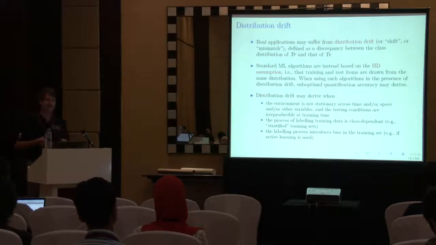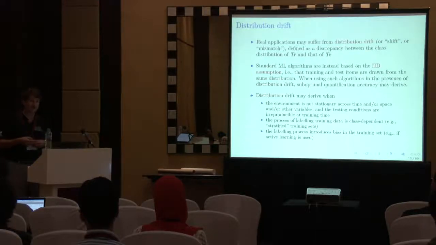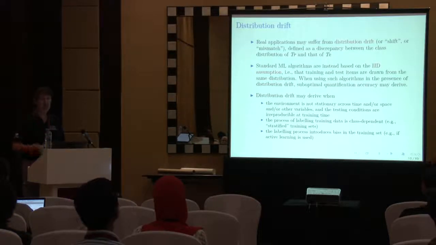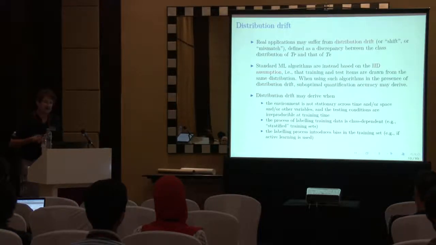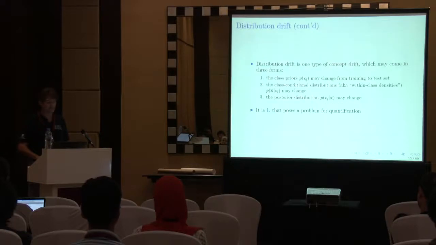So it's quite likely that if active learning has taken part in the labeling process, then the positive class is overrepresented with respect to the negative class. Because of all of these reasons, the class prevalences that we find in the training set might be significantly different from the ones that we find in the test set.